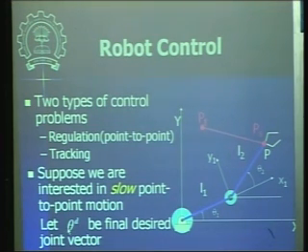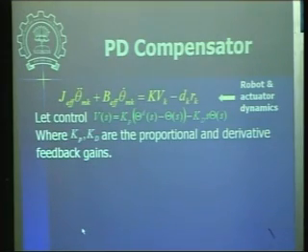So this theta d is basically the final desired joint vector, okay. Now let us see how we design control. So recall that our robot and actuator dynamics equation combined together looks something of this form, okay.